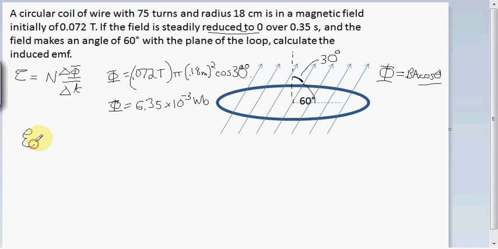And so I can write the induced EMF as 75 times 6.35 times 10 to the minus third Webers divided by 0.35 seconds, and that gives me about 1.36 volts. And that's it.